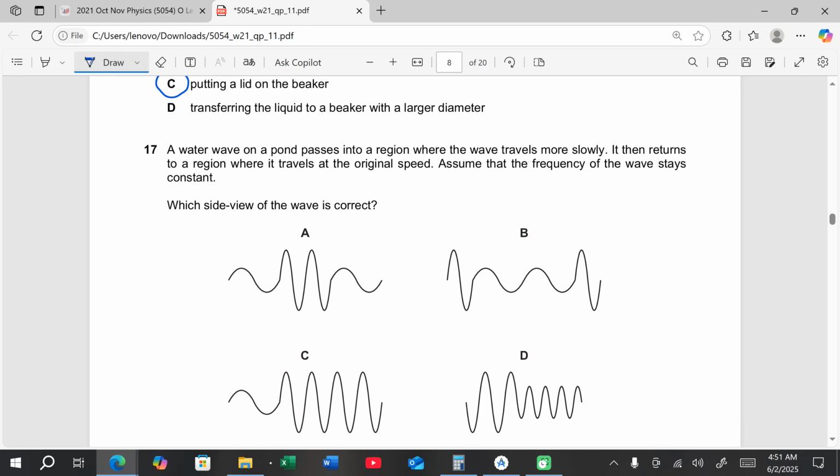First of all, it is traveling slowly, then it passes to the region where the wave travels more slowly, and then returns to the region where it travels with the original speed.